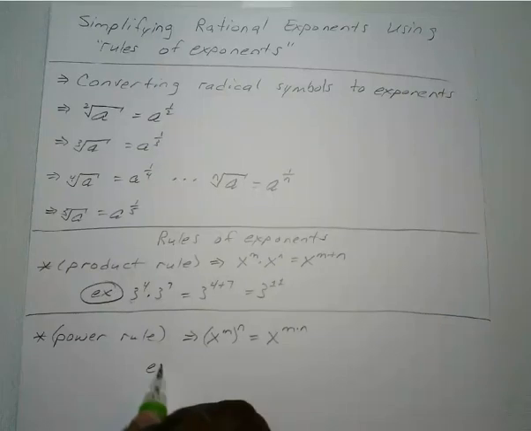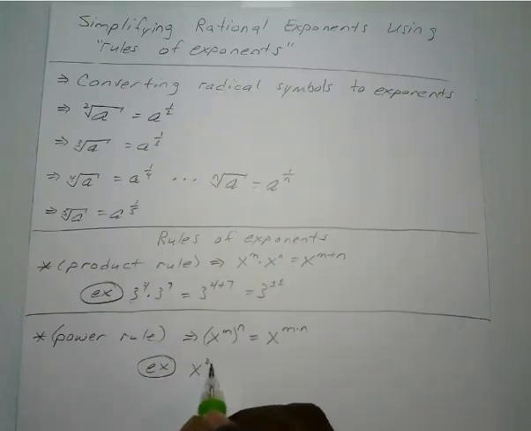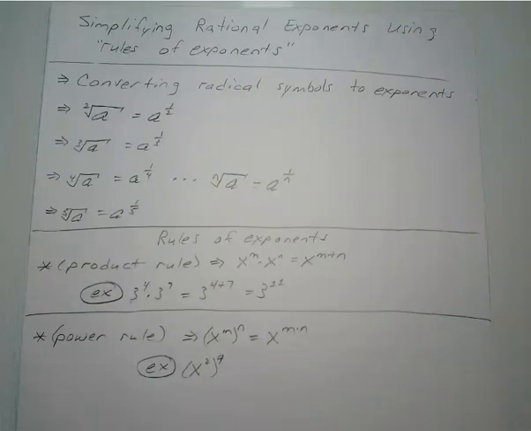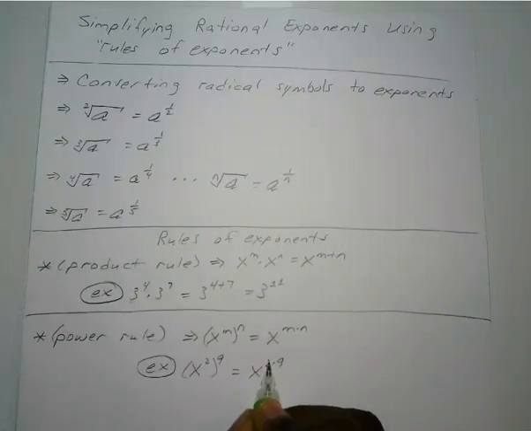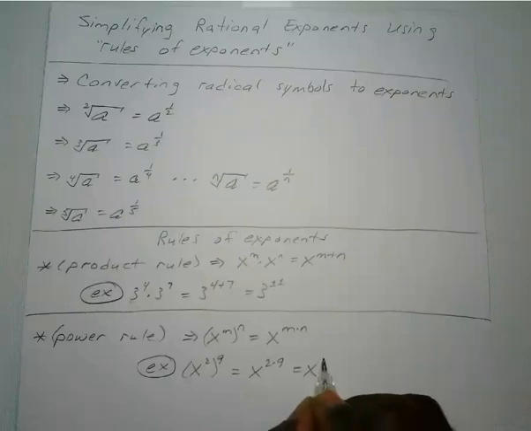For example, if we had x squared to the 9th power, then that would be x to the 2 times 9, which would be x to the 18th power.